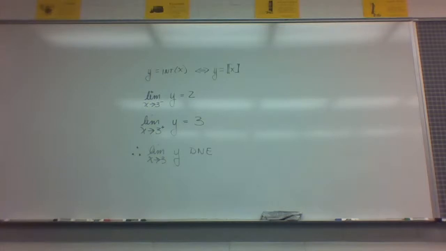It's continuous at x equals 3, because the limit and the value are the same. Now, what is the limit as x approaches 1? There's none. Does not exist, right? So you write DNE. Now, here's a tricky question. What is the limit as x approaches 4?